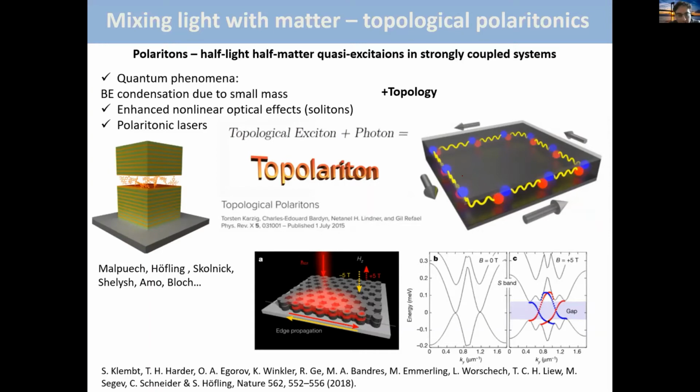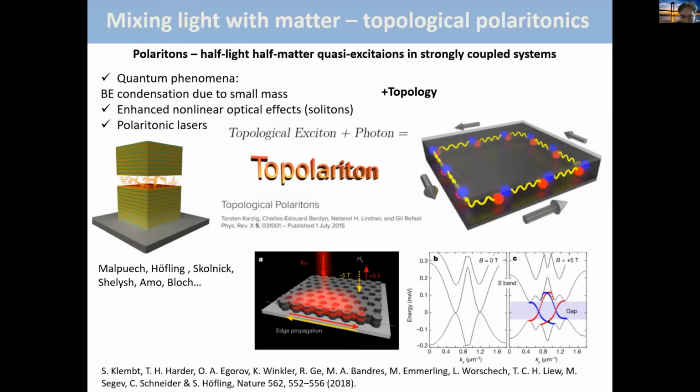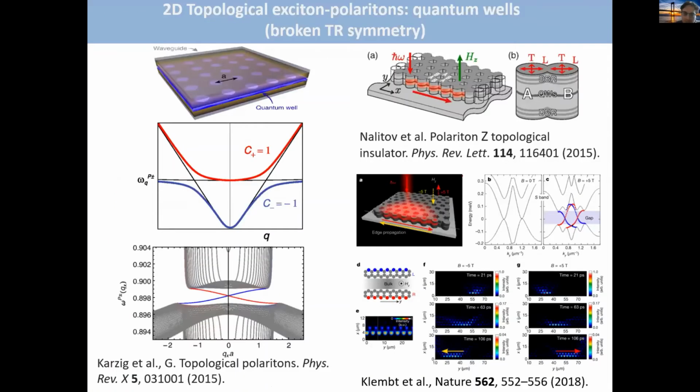And of course, I should acknowledge the significant work done by many groups in theory, and more recently realized experimentally in a quantum well system. Here I will give you an update on what was done recently.